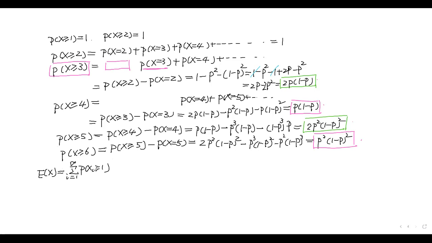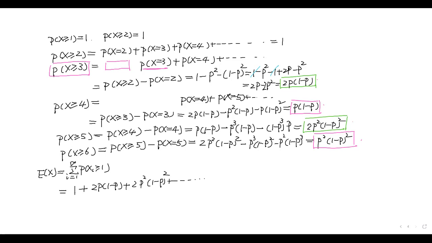So I'm going to separate this one: one for the odd numbers, one for the even numbers. So for the odd numbers here, x greater than or equal to 1 is 1, plus greater than or equal to 3 is 2p(1 minus p). Greater than or equal to 5 is 2p squared (1 minus p) squared, and so on.